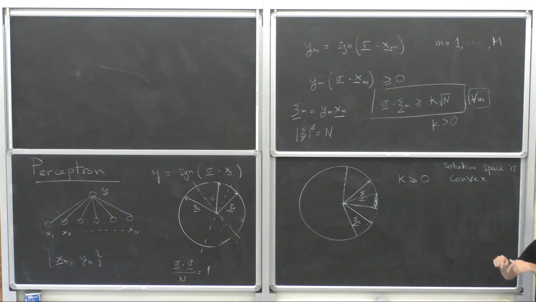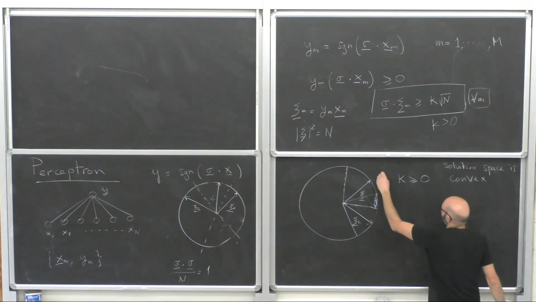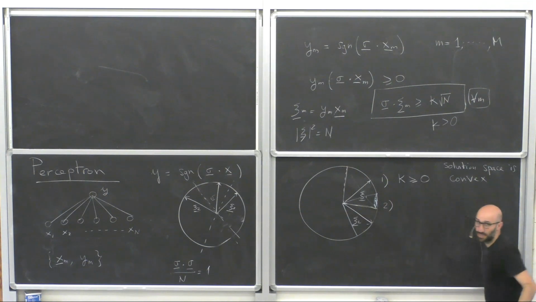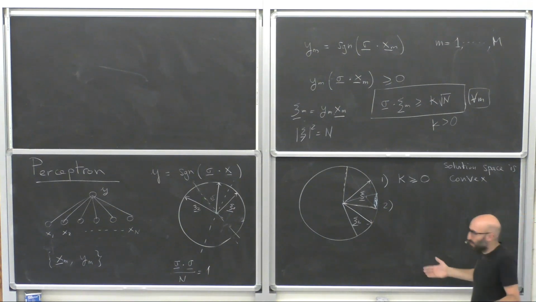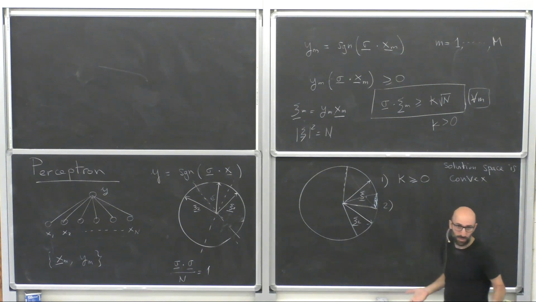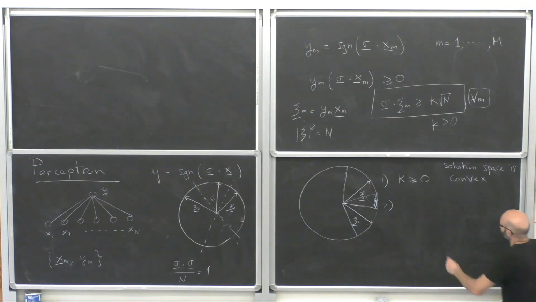When you have two, it's an intersection of two spherical caps, which is still convex and so on. So it's always convex. And the other thing that you see is that when you add obstacles, sorry, I keep calling it obstacles, because when you add points in your training set, the more points you have, the more difficult it is to find the solution, of course.